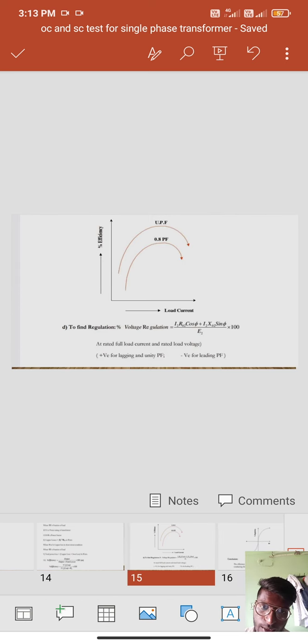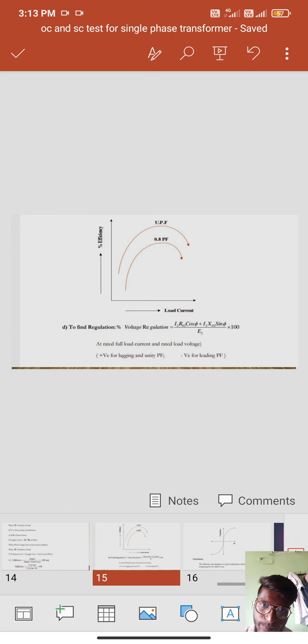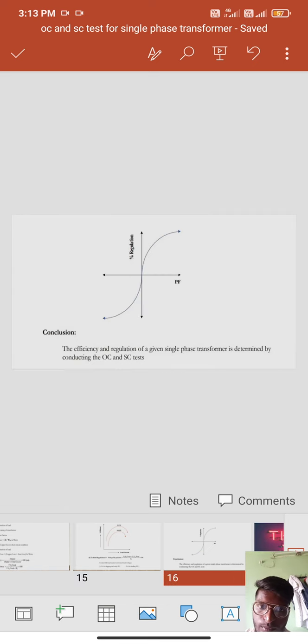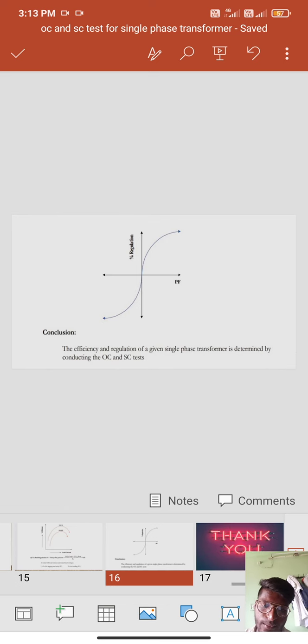To find regulation: voltage regulation equals I R cos phi plus I X0 sin phi by E2 into 100. The efficiency and regulation of a single phase transformer are thus determined by conducting the OC and SC tests.